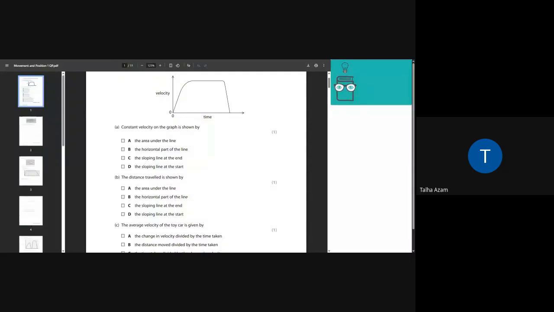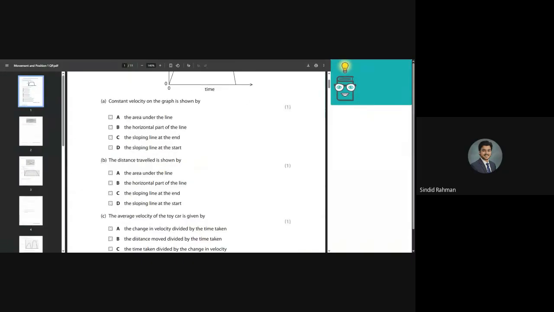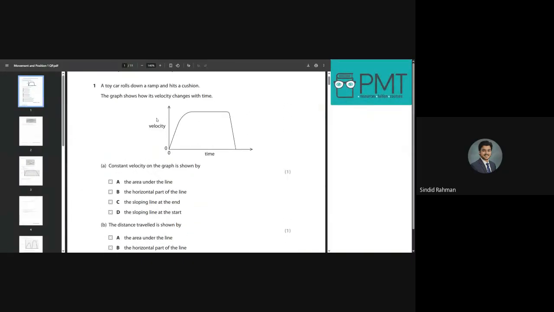Yeah, I can. So basically there is a graph here of velocity against time. Constant velocity of the graph is shown. So what gives me the velocity of this graph?